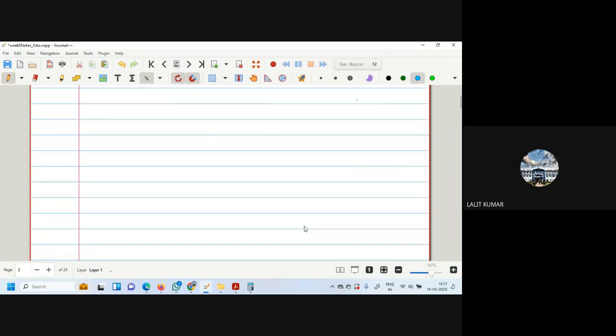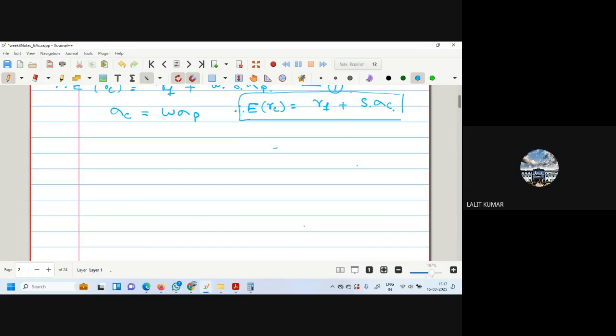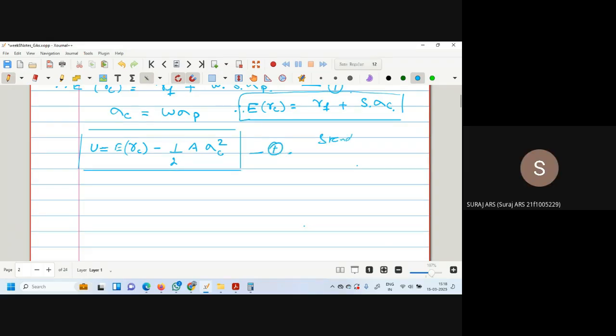But when you are given a utility function, it is generally given by something like your total expected RC minus half A into sigma C square. The utility function is in this format. Now to have the maximum utility, I have to find W star.